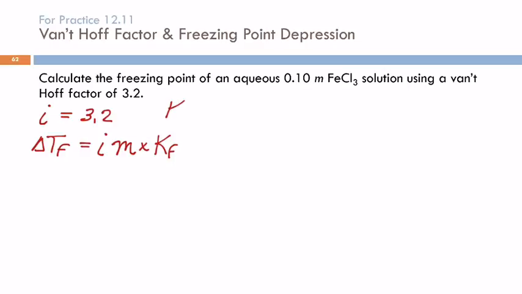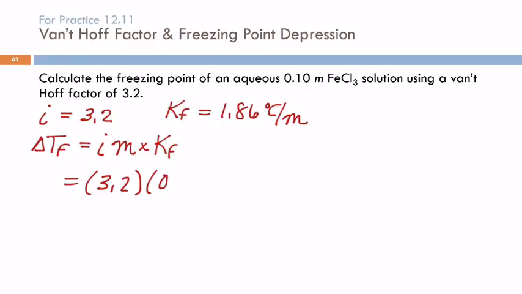So I happen to remember that the K_f for water was 1.86 degrees Celsius per molal. So we don't have to go look that up. So the freezing point depression then is going to be 3.2. There's no unit on the Van 't Hoff factor.